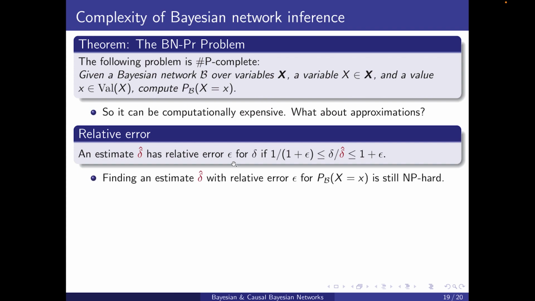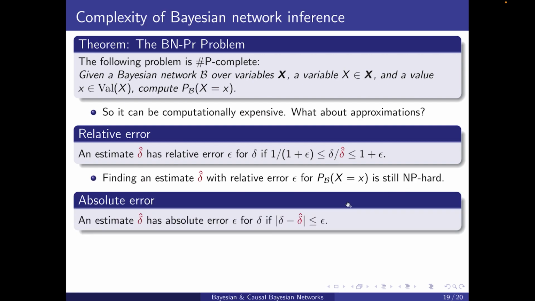So what if we want to obtain delta hat? We know that finding the exact value of this probability is sharp P-complete. So maybe it's easier for this delta hat, but then even finding an estimate with a relative error of epsilon, I will give you the epsilon and say find some estimate bounded by epsilon, still this query is NP hard. So kind of bad news again.